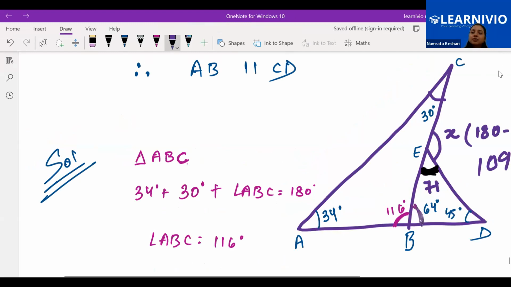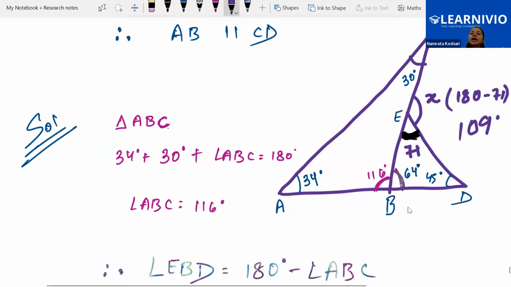There are more ways for finding this one. See what we can do. Directly we can get angle EBD. There is a property of triangle that the exterior angle is equal to the sum of the two opposite interior angles.